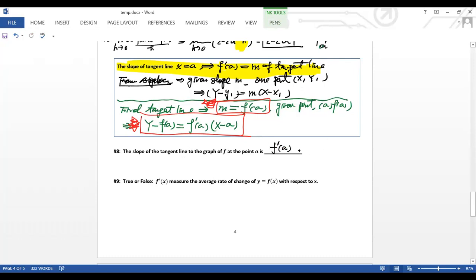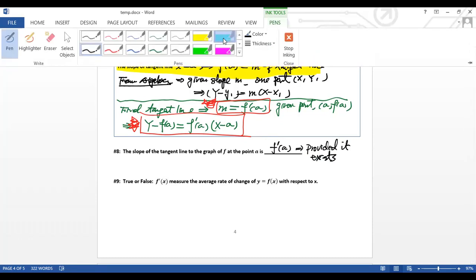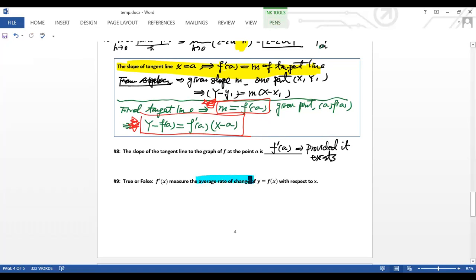That's right. Of course, we need to provide that it exists. Okay, so sometimes the slope will not exist. And number 9 here, they say true or false. They said f prime x measures the average rate of the change with respect to x.